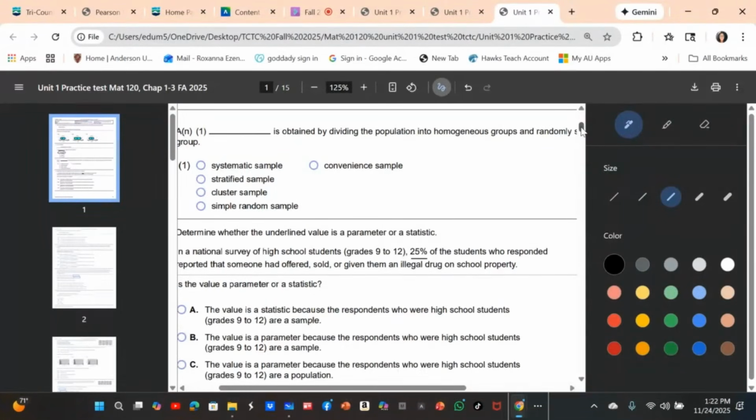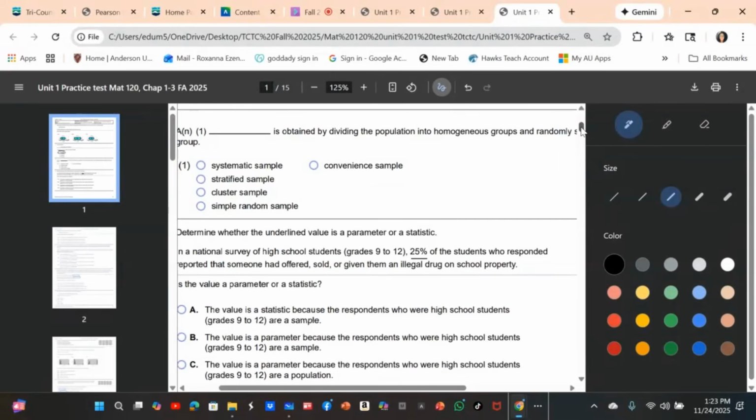I wasn't the person that divided them. Simpsonville was already there, so they're already in clusters, and I went to each cluster and got a sample. But the stratified sampling method is when I do the dividing by myself.